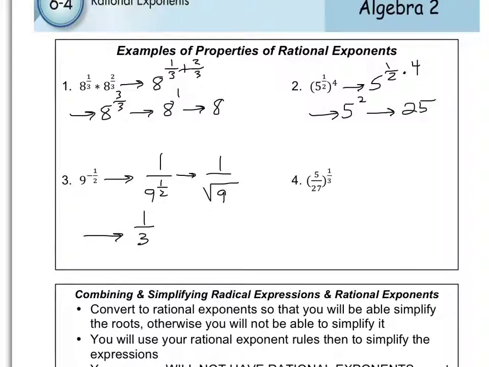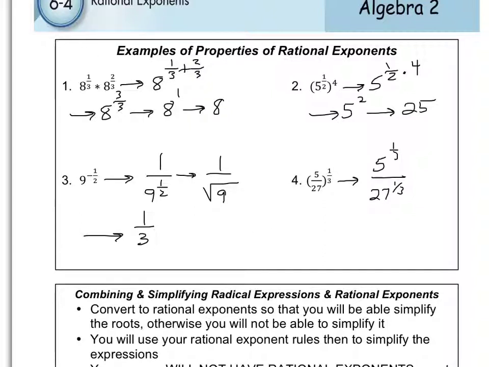Okay? And then example number 4, we have 5 27ths all to the 1/3 power. So again, I'm going to distribute, so this is really 5 to the 1/3 over 27 to the 1/3. Now again, you're going to have to convert it to roots so that we can simplify.